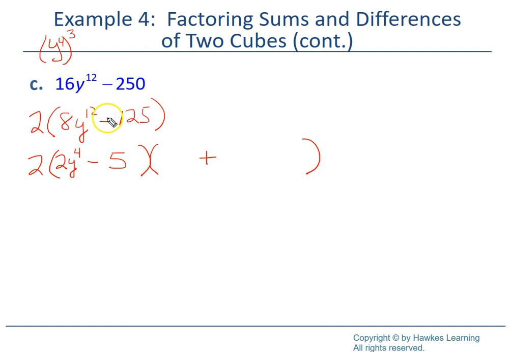And again, you need to work on some of these, think of it a little bit. So now we're going to square this. So this is 4 y to the 8th. Multiply these two together. 5 times 2 is 10. Y to the 4th. And then we're going to square 5. That one's the easy part. And there's your answer.